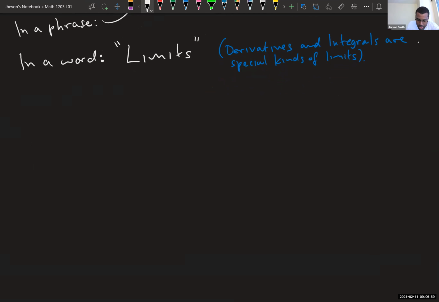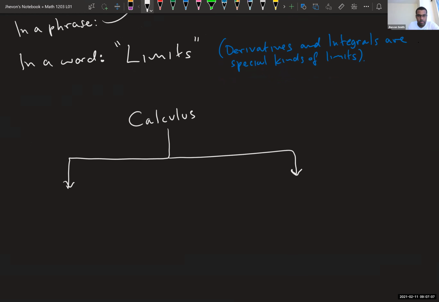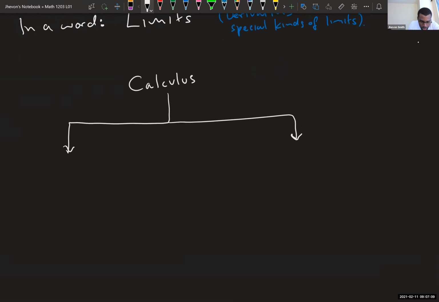So here's calculus. It will branch off into two parts, right? So there's a part of calculus called differential calculus. This is the part that studies the derivative.